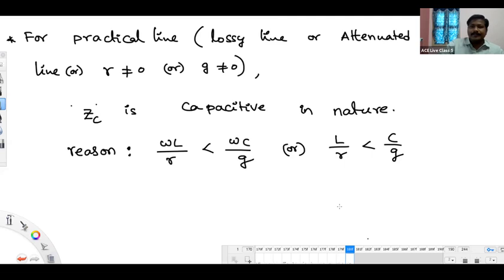All of you know this. For a practical transmission line, we have a series branch and a shunt branch. The series branch consists of R and L. The shunt branch consists of C and G. Let me show only one section. Look here, please. So this is one section I am showing.